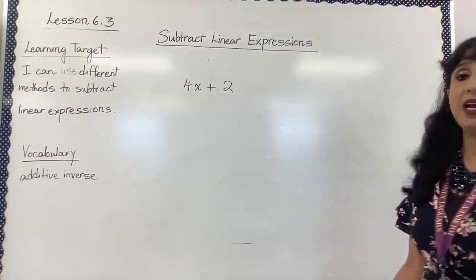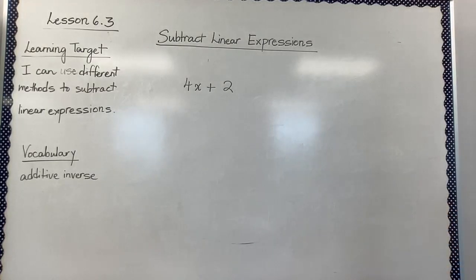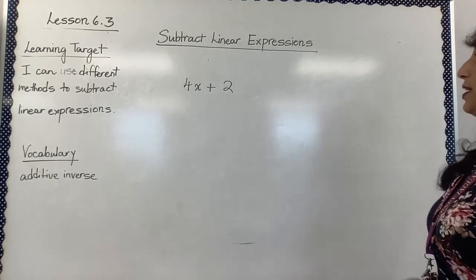When two expressions have a sum of 0, the expressions are additive inverses. To find the additive inverse of an expression, we use the distributive property to multiply the expression by negative 1. So let's say I have 4x plus 2.